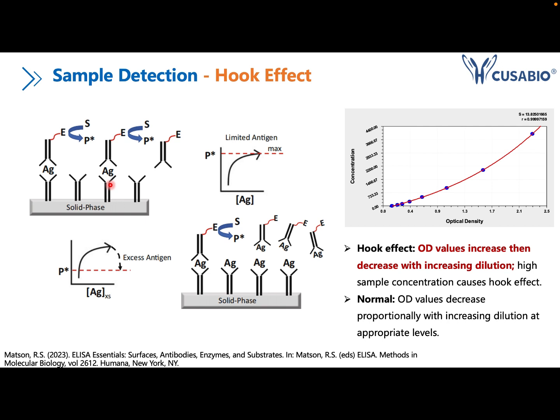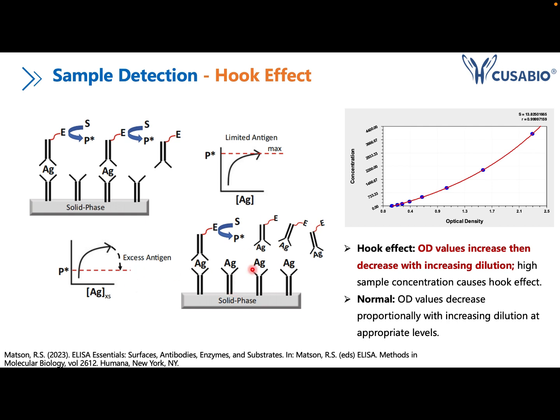The hook effect is usually because your analyte is at a very high concentration. The excess analyte will saturate the capture antibody, and there will be another set of free analyte in the assay solution. This free analyte in the solution will compete with the captured analyte to bind to the detection antibodies.